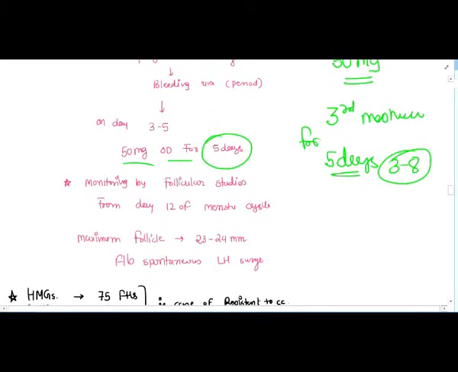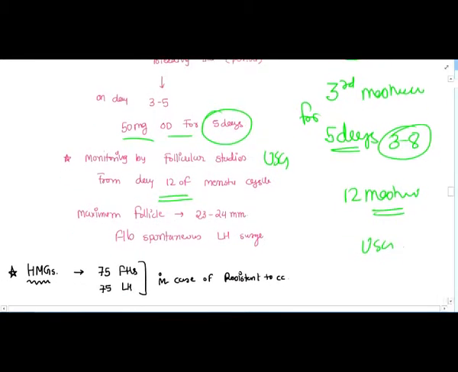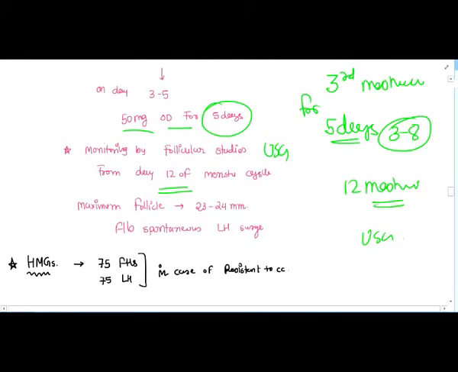Now, how do we monitor the response? We monitor by follicular studies, by USG, a series of USGs. We start monitoring on the 12th day of the menstrual cycle, with daily USG of the ovaries, monitoring the size of the follicles. Now the FSH is normal.